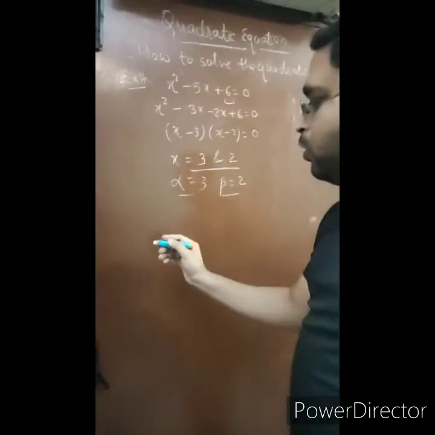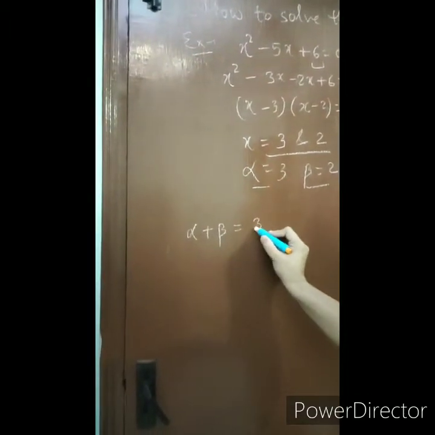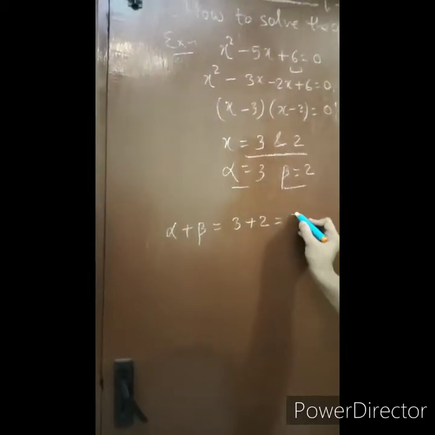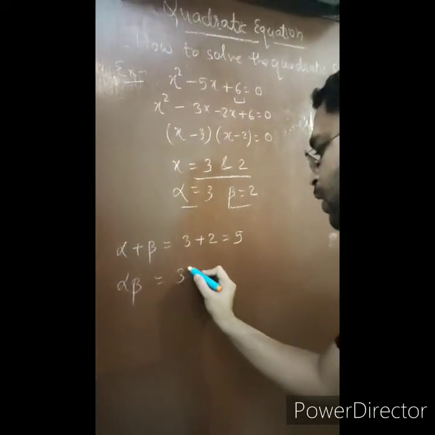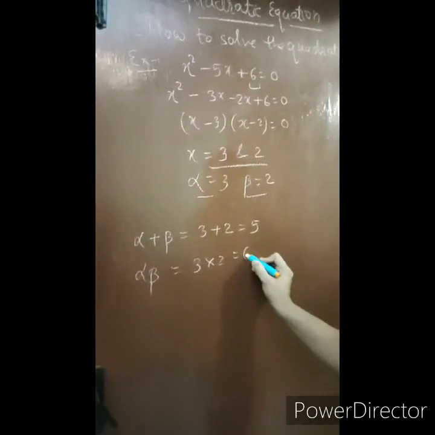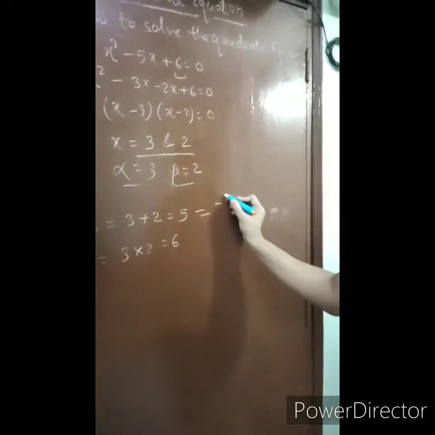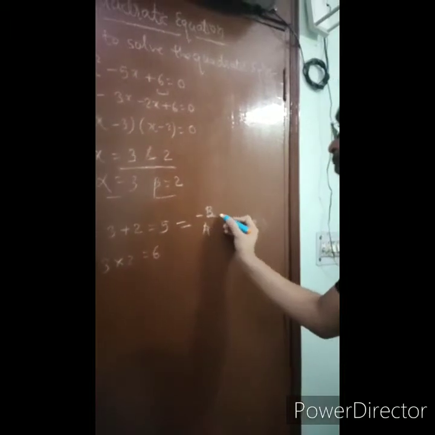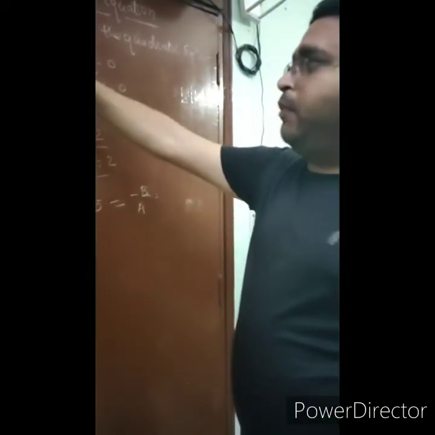You can verify your relationship too. So we get alpha plus beta, it will be 3 plus 2, it becomes 5. Alpha beta is 3 into 2, it becomes 6. And you have already learnt alpha plus beta is minus b by a. So see the equation. What is b? That is minus 5. And what about a?